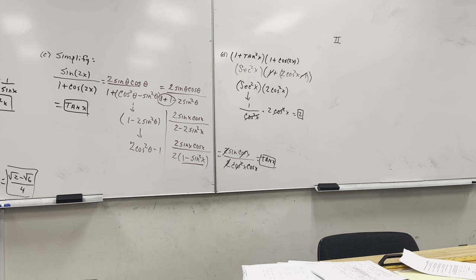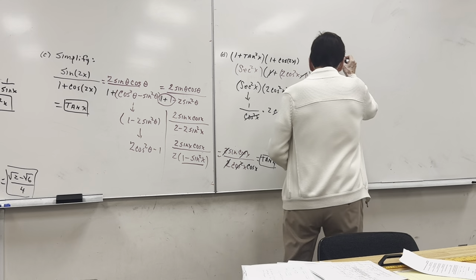Was there one on there where they asked you to solve an equation and there was a double angle formula involved? I don't know which one you're talking about. Does anyone see that where it says solve and there's a double angle? Yeah, I see it right there. Is it sine of 2 theta?